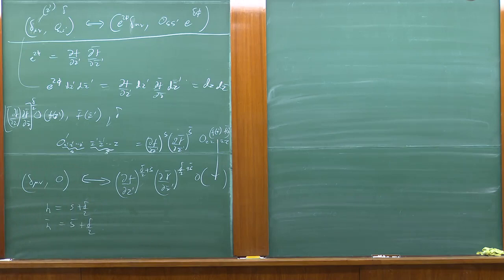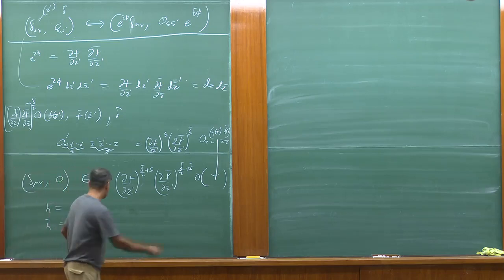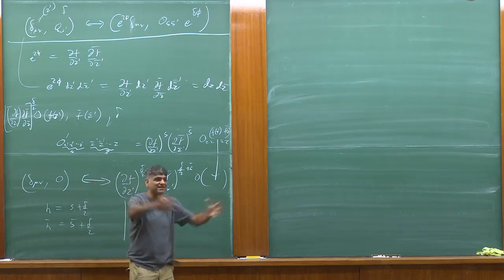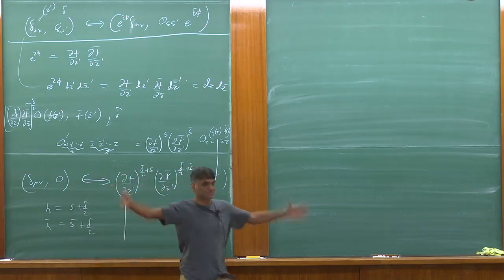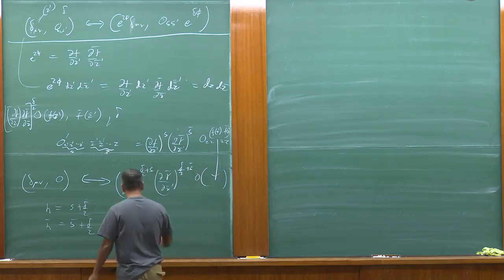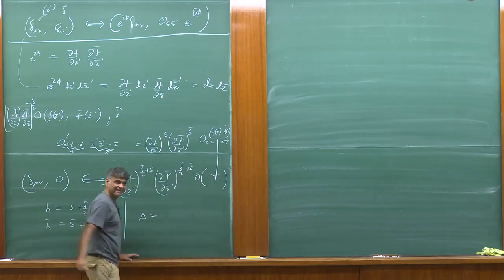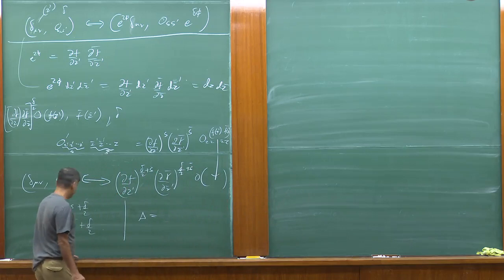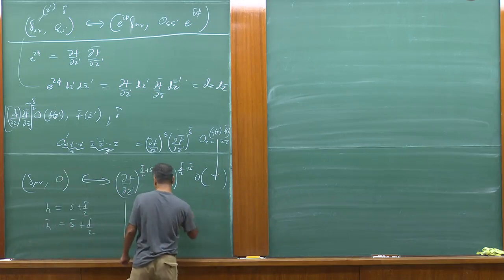Okay? The total energy of this operator, H plus H bar, the total weight under scale transformations. So the energy operator, or delta operator, let's call it, is H plus H bar, which is S plus S bar plus delta.